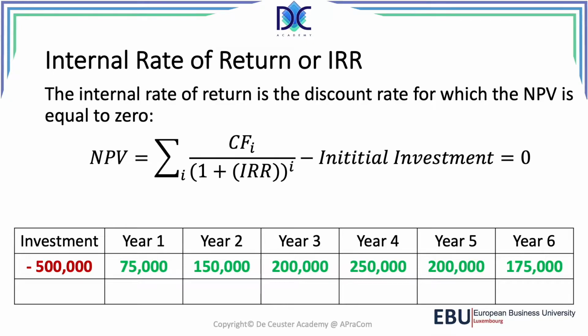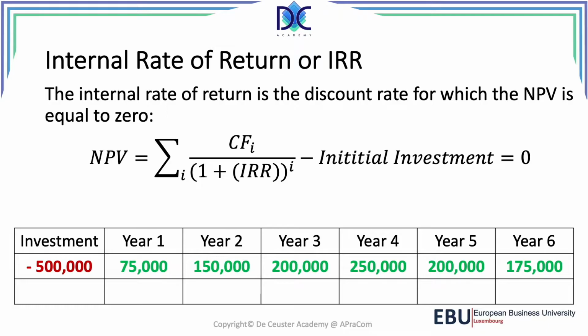Now, this is a little bit more difficult to calculate. We cannot find an explicit function with the IRR on the left-hand side and a formula to calculate it. In order to calculate the internal rate of return, we can use a formula in Excel. It has been explained in the other videos.